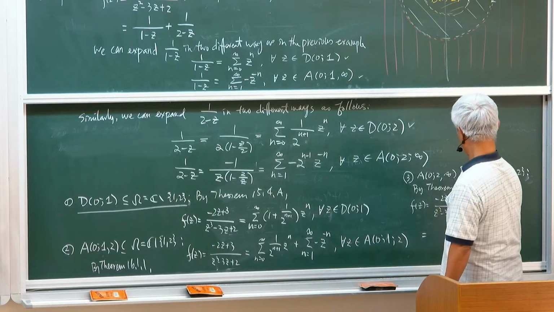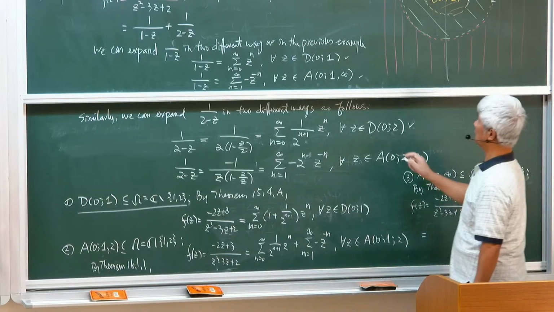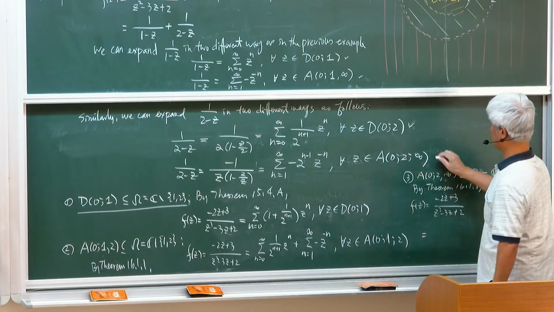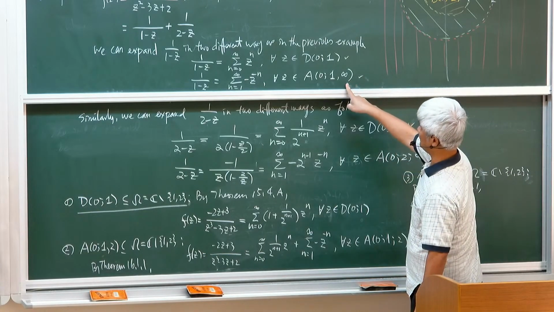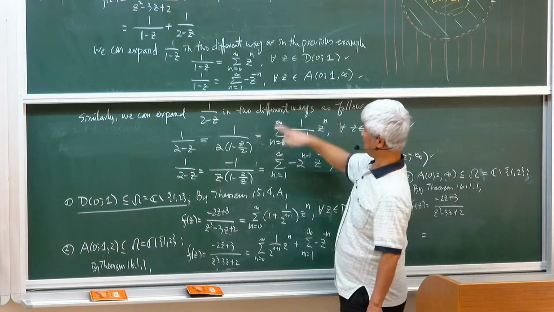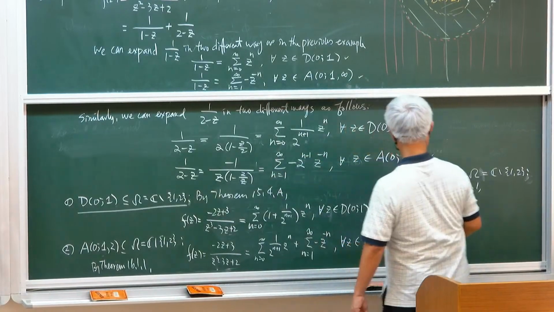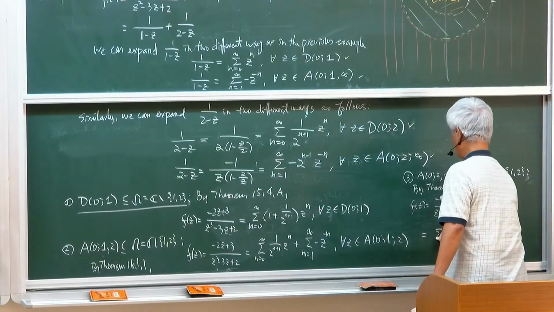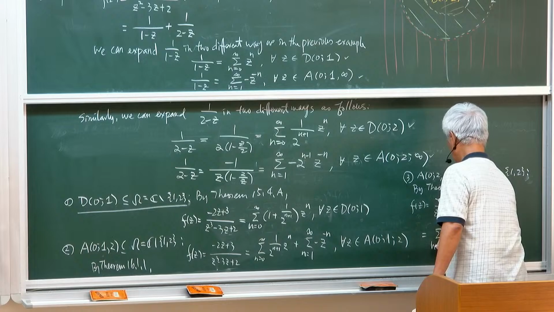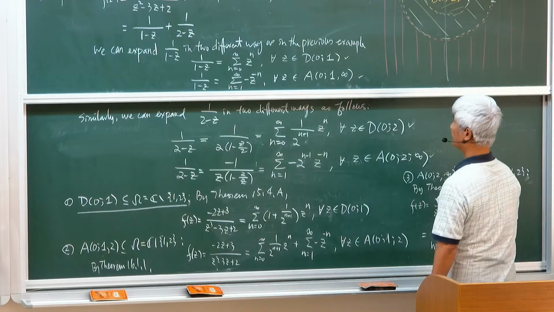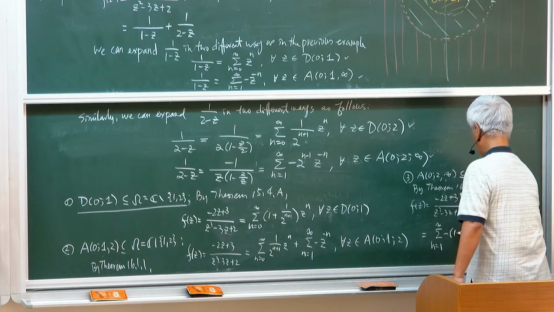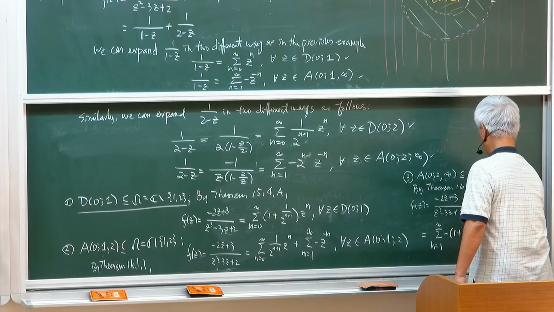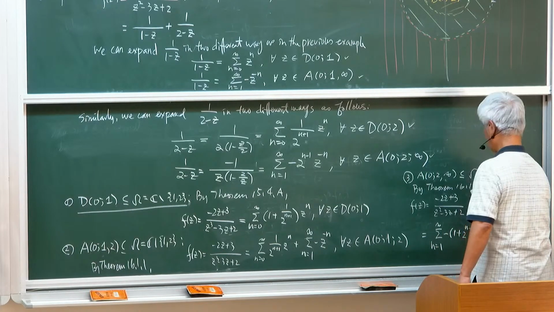Now, for the third case, we know this open annulus is contained in this open annulus and also in this open annulus. So the expansion will be the sum of these two terms. So this is n from 1 to infinity, and we have minus 1 plus 2 to the n minus 1 power, z to the minus n.